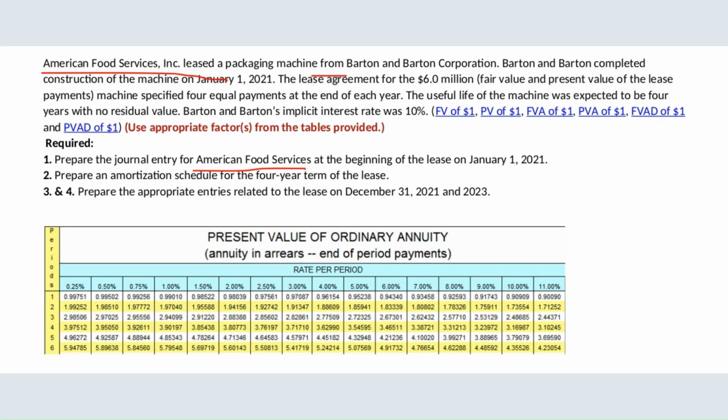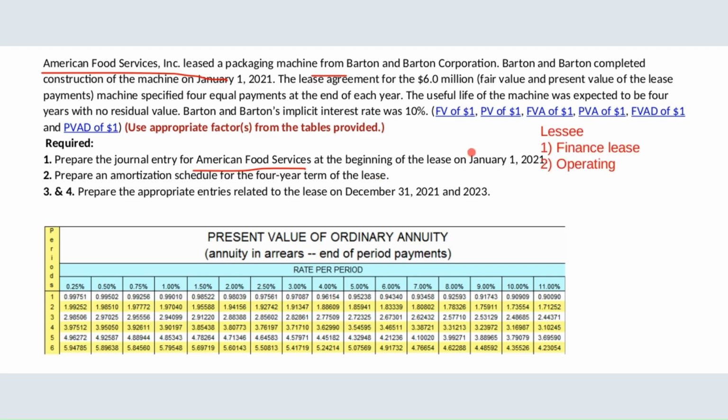No, sales type is for the lessor. So for the lessee it's called finance lease. And the second option they have is operating, right.